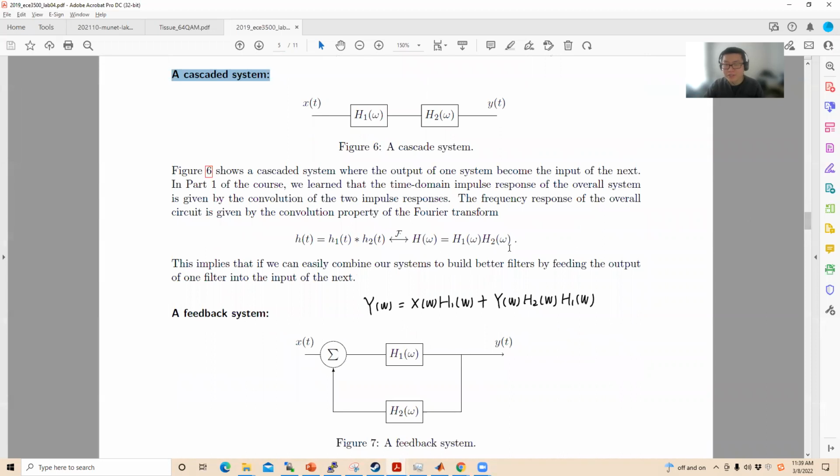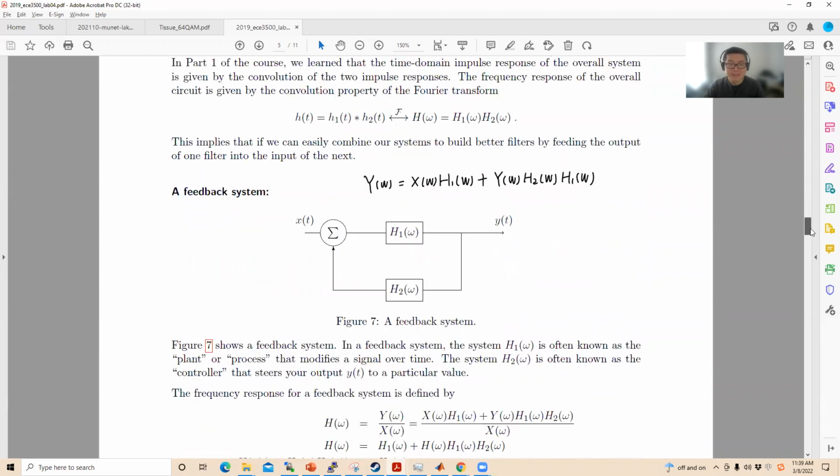So you can check this part by yourself. Next, I want to say is the feedback system.